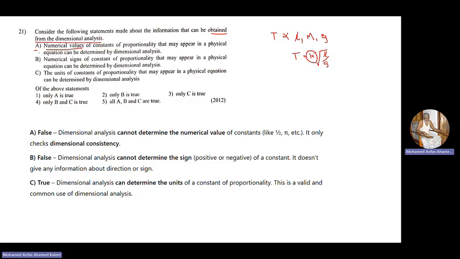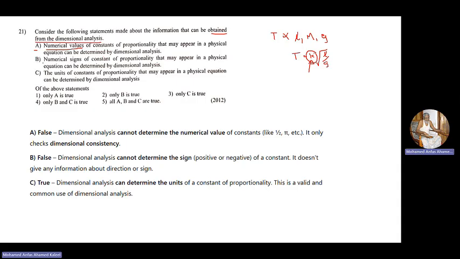We can determine this quantity based on the experimental value, based on the experiment. So by dimensional analysis, we cannot determine the constant value of K. It means numerical values of constants of proportionality that may appear in a physical equation cannot be determined, but the statement says can be determined. So it's false.